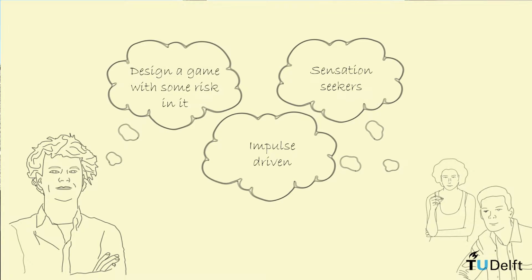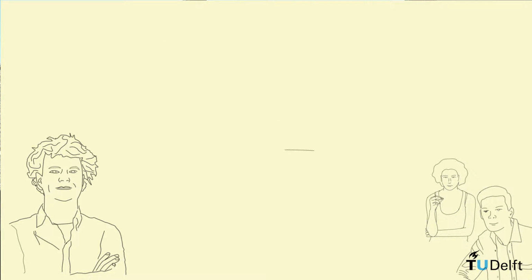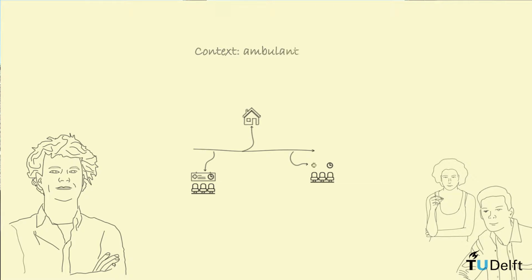Then we investigated what exactly the context was, and the context was that a lot of these youngsters came to the therapy facility, but after the therapy they went home for a few days and then came back to the therapist, so they were in ambulant care. So it might be some difficulty.